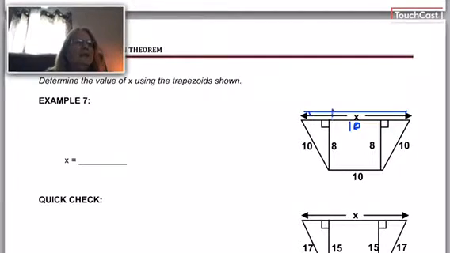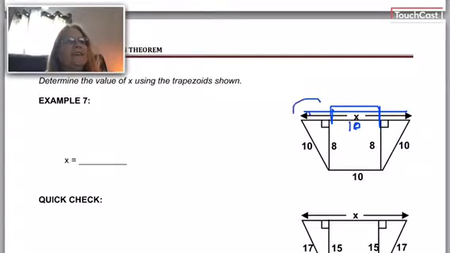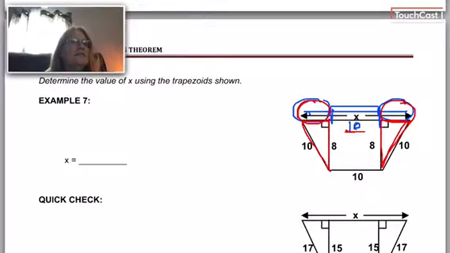So we know that this part right here is 10. And so we are missing this and this. Well, I'm going to just at least tell you for now, these will be congruent triangles. One here and one here. And so if we can solve for this measurement right here, we can put the same measurement here and then add it to this 10.